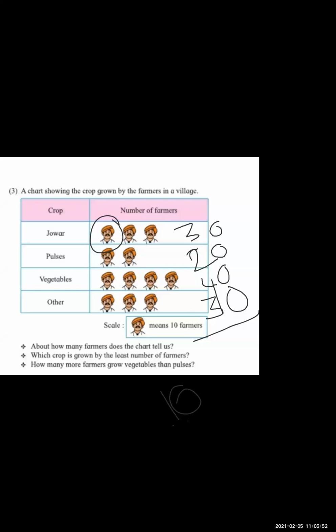Third question is, how many more farmers grow vegetables than pulses? How many more farmers grow vegetables than pulses? Very good. Very nice.